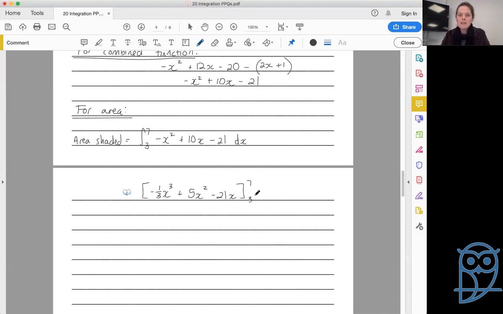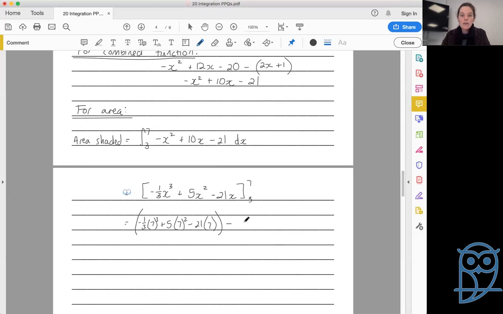Now remember how they said that you must be sure to show all your working? That means that you must be sure to show the substitution of your limits. So we need to show minus a third, 7 cubed, plus 5, 7 squared, minus 21, 7.